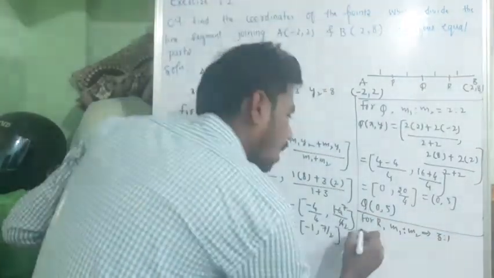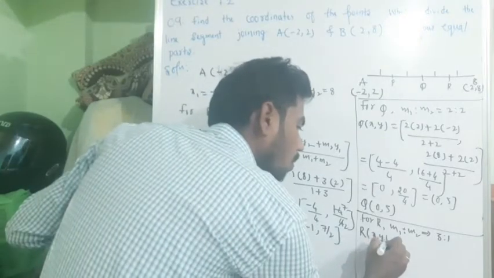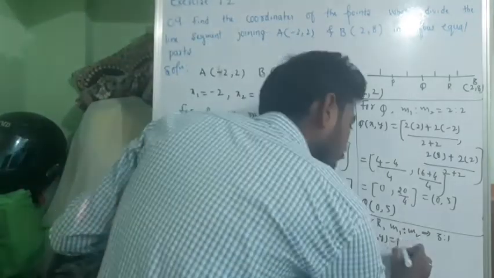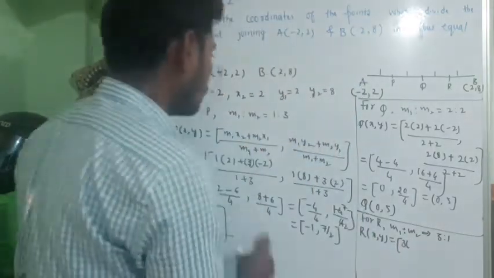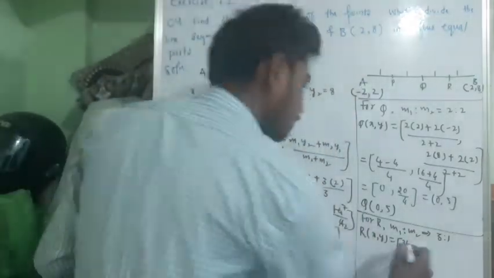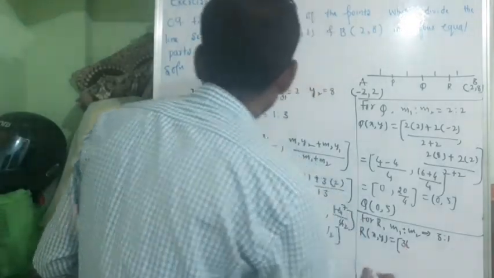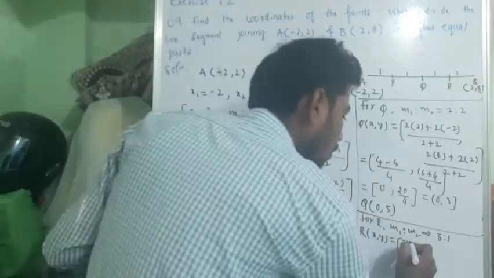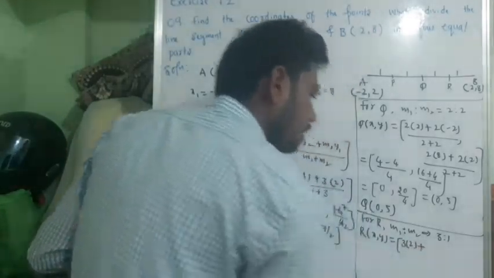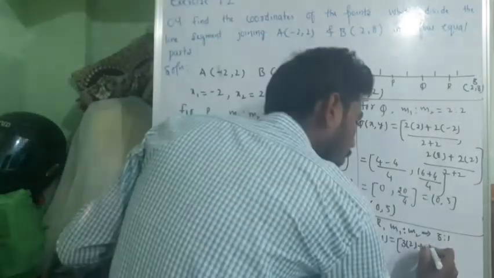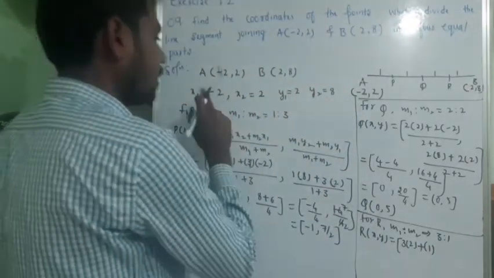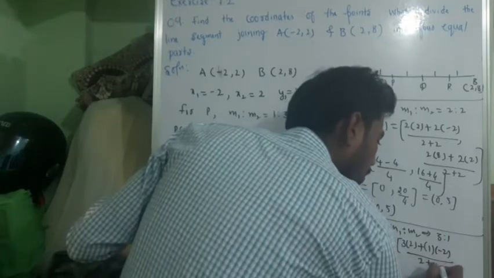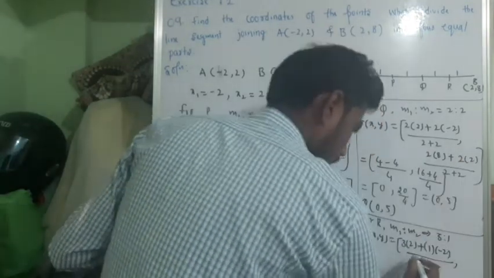So R of xy is equal to, again we need to apply the formula, M1, that is 3 into x2, that is 2, plus 1 into x1, that is minus 2, divided by 2 plus 2. Sorry, 3 plus 1.